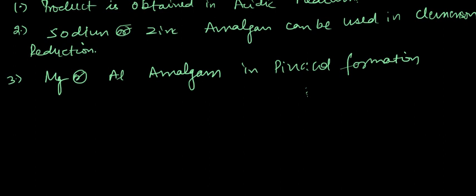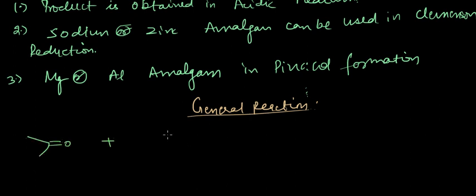Now actually let us look at the general reaction. Suppose I have a compound, a ketone, and this is reacting with NH2Z. So this will form a compound, or rather I should write H2 here and here.